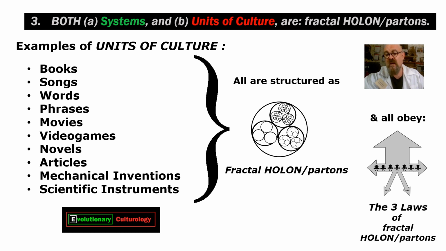Integrate upwards into a larger unit, compete and cooperate with units on the same scale level, and command and control the smaller units which are inside them. So a book controls the chapters and the paragraphs and the words and the letters that are inside the book. Of course, there is an author of the book, whether it's a human or an AI, and they control the book, but they're all structured as fractal Holon partons and functioning via the three laws. You can test that scientifically yourself. We'll get to that.